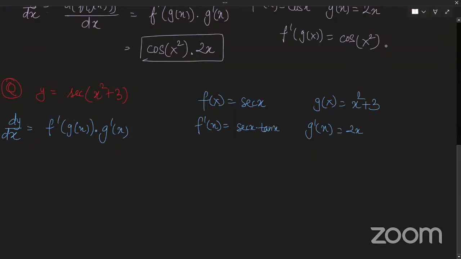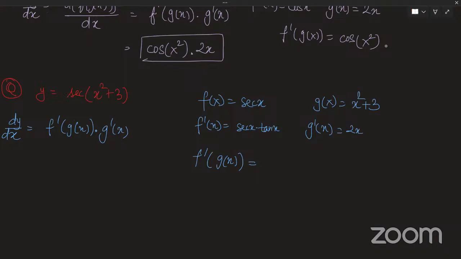We have got g dash x already. Can anyone tell me what will be f dash of g of x? I want to know this. Secant of x square plus 3 into tan of x square plus 3. Great. How will we do this? What is f dash x?